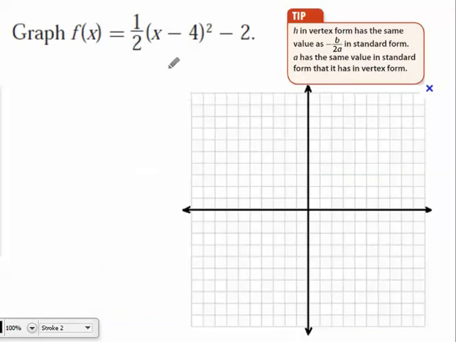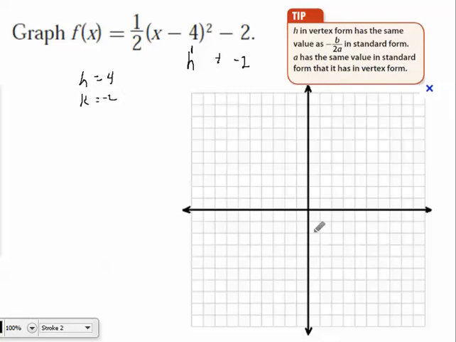If I wanted to graph one, remember this minus h, that's my h value, 4. My k, it would be plus k, so my k is going to be a negative 2. So what have I got? I've got an h of 4, and a k of a negative 2.